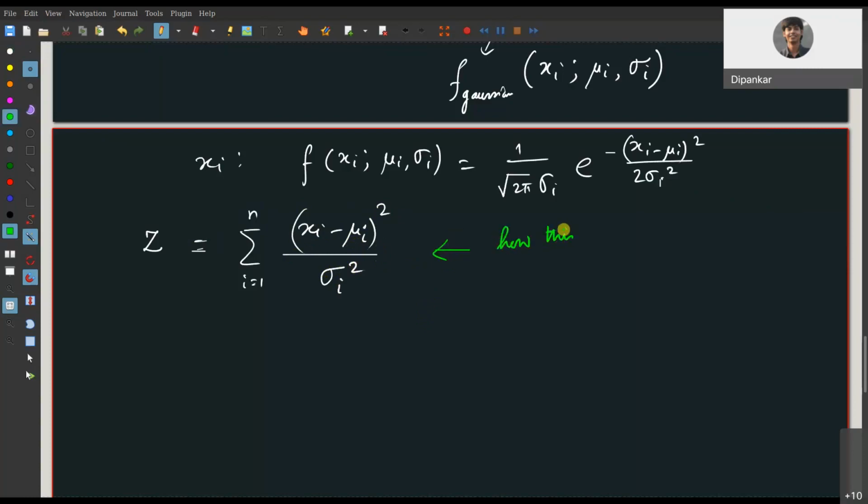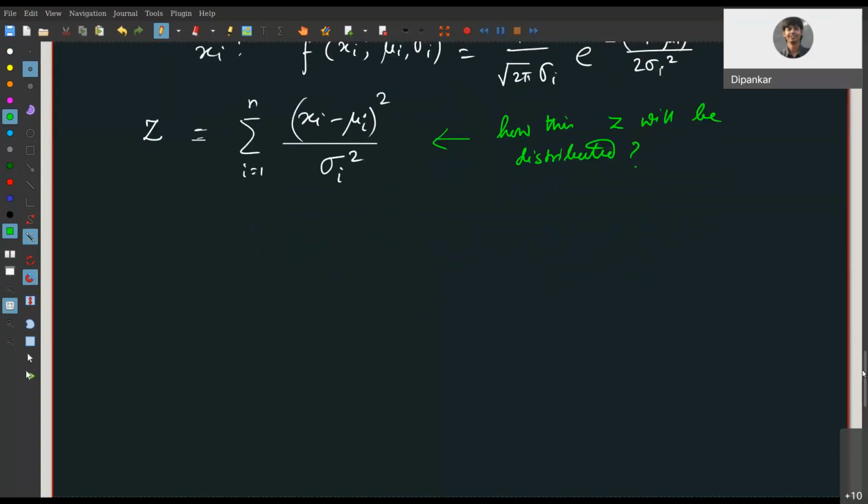The answer is that z will be distributed as a chi-square distribution with n degrees of freedom. I'm not proving it.